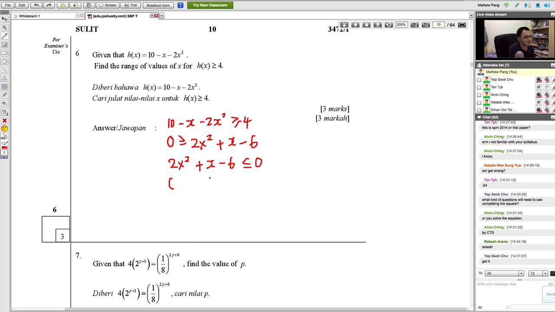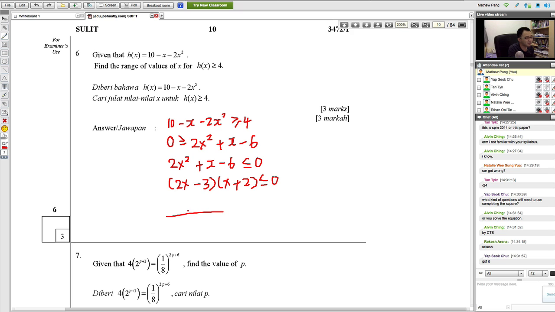Then I will factorize this one definitely. I will use 2x and x, and then I will use 3 and 2. In order to get positive 1, I will get positive here, minus here. So this is an inequality. You cannot assume 2x minus 3 less than or equal to 0 and x plus 2 less than or equal to 0. You cannot do that.